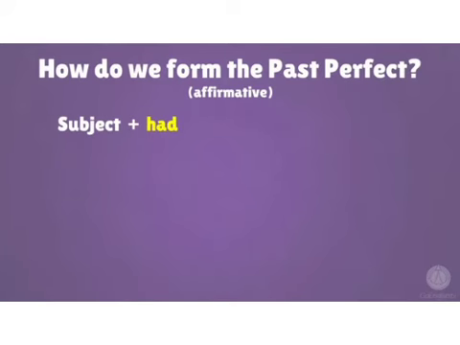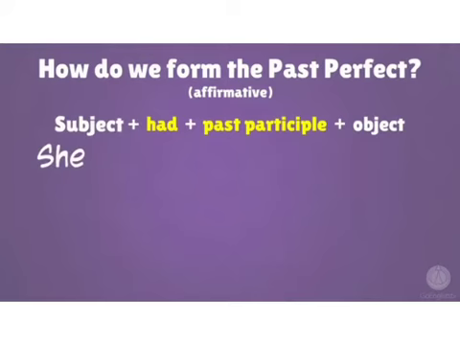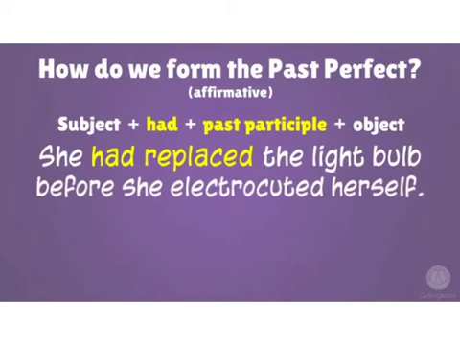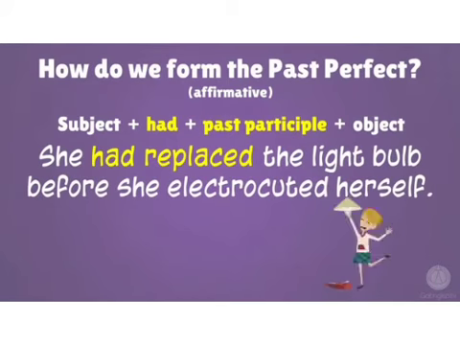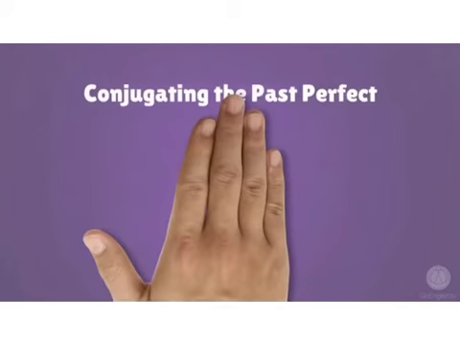The rule is subject plus had plus past participle plus object. Here the past participle will end with ed. So, he had placed the light bulb. So had placed is the past perfect tense verb.